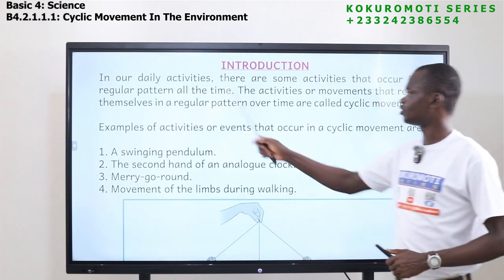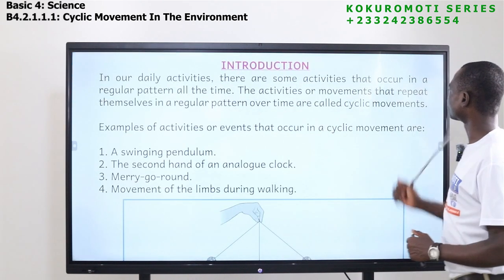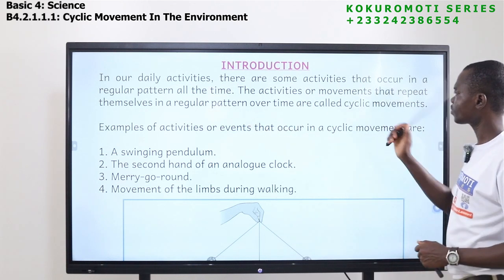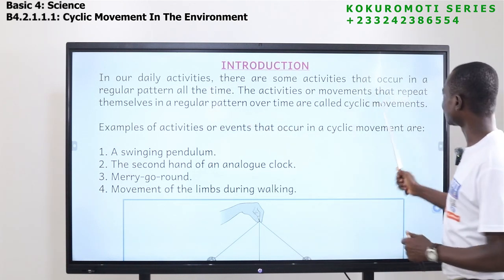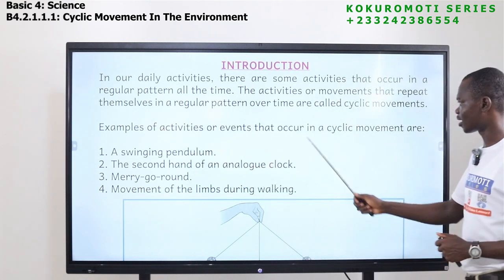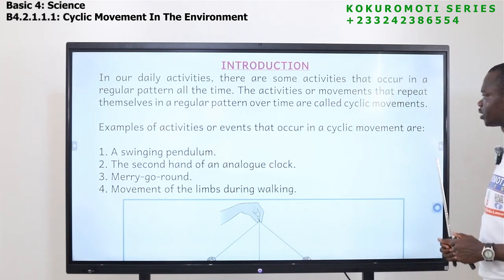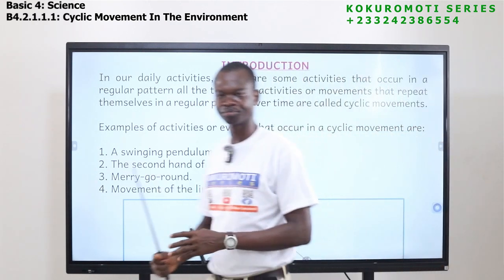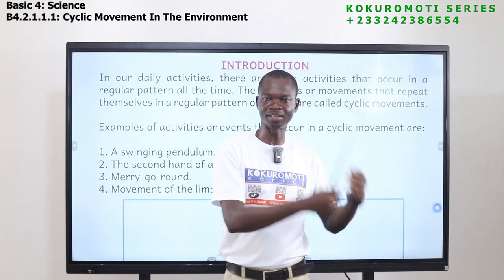So in our daily activities, there are some activities that occur in a regular pattern over time. The activities or movements that repeat themselves in a regular pattern over time are called cyclic movements. So we are talking about activities that happen and they repeat themselves.